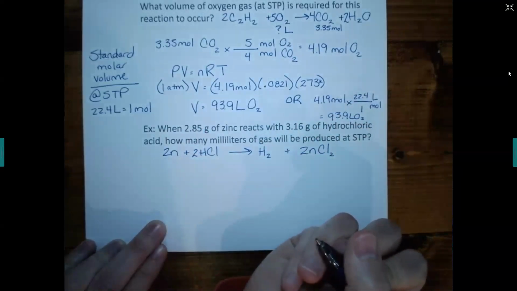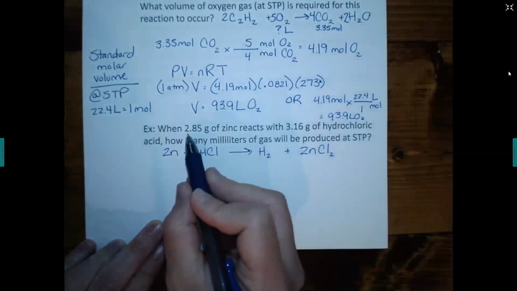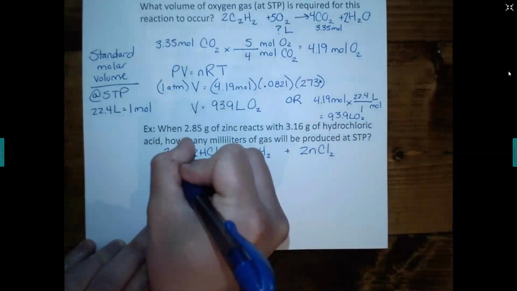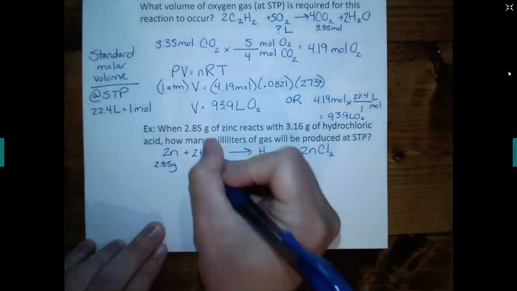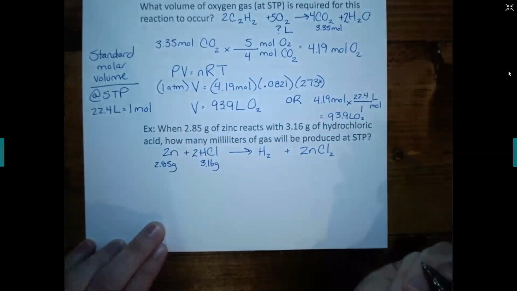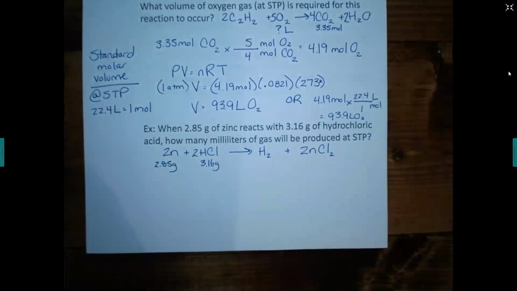So now let's write down what we know. We have 2.85 grams of zinc, and we have 3.16 grams of hydrochloric acid. How many milliliters of gas? Now, this might have been easier if we could actually do these reactions together.